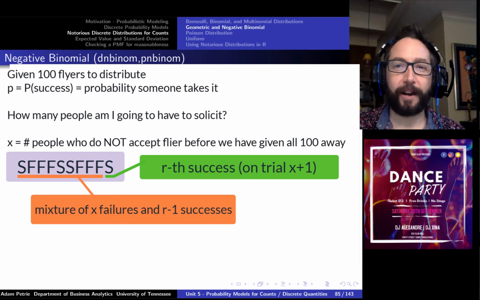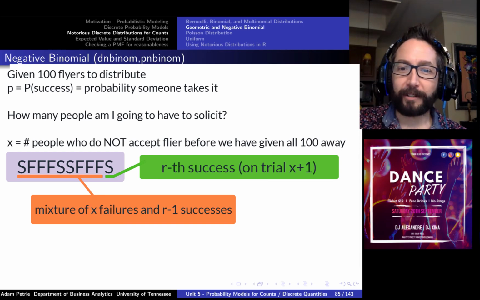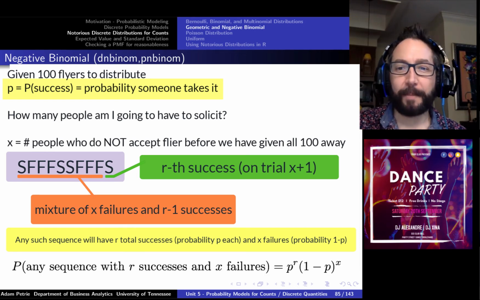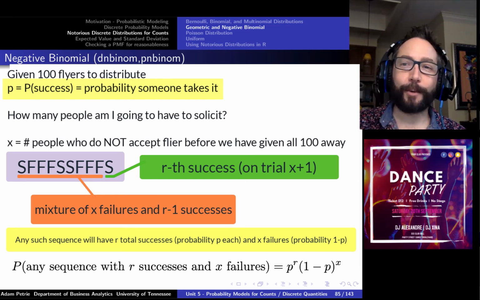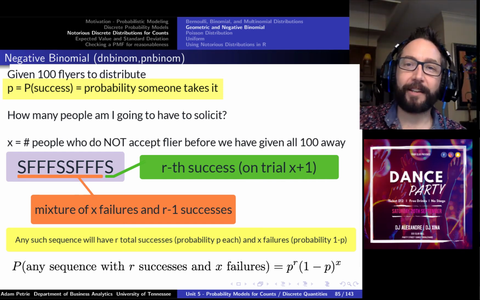In order for that sequence to occur, we need to have r successes in total. Each one has a probability p. We need to have x failures in total, with probability 1 minus p. So p to the r times 1 minus p raised to the x power gives us the probability of any sequence where we have some mix of x failures and r minus 1 successes, followed by the very last outcome being a success.